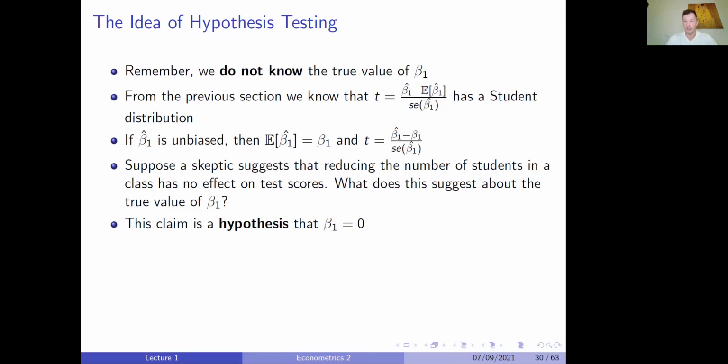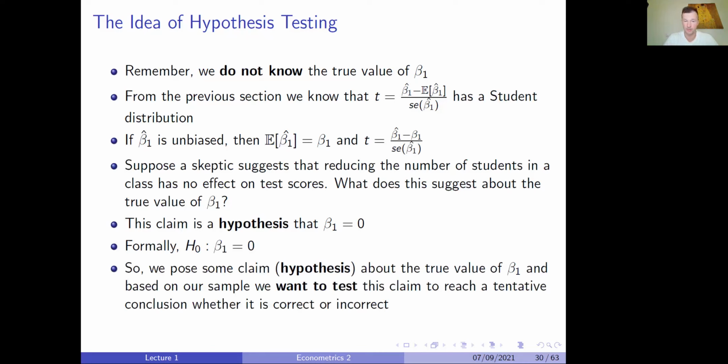We can hypothesize that beta 1 equals something. The worst possible case for us is this: beta 1 is 0. It means that there is no effect. Why is it a worst case? Because we wanted to claim that x affects y, and we found no relationship. So formally we write this as H0: beta 1 equals 0. This is called a null hypothesis.